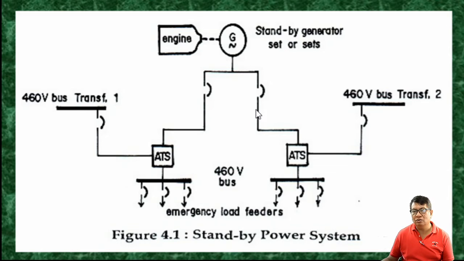Bago niya i-disconnect yung generator natin, i-connect niya muna itong local utility, distribution utility. So pasok ito agad. Pagkatapos, ilang sandali, papatayin niya itong generator natin. Automatically, siya na yung mag-off ng generator. Ayun ang mga bagong ATS.